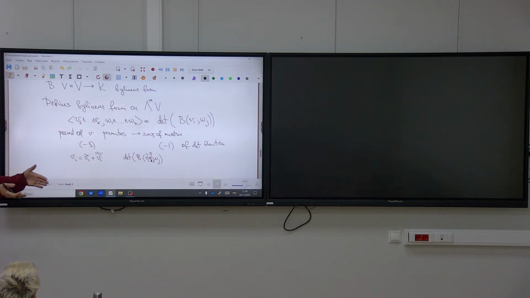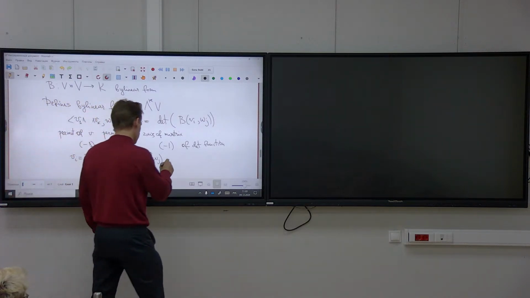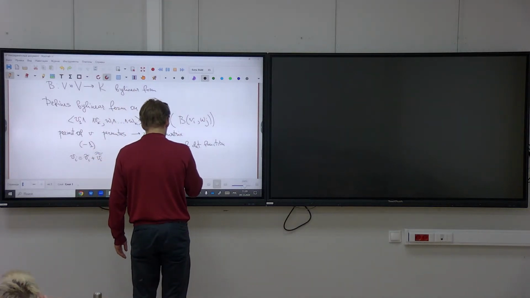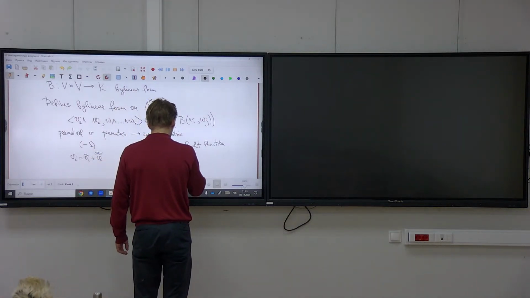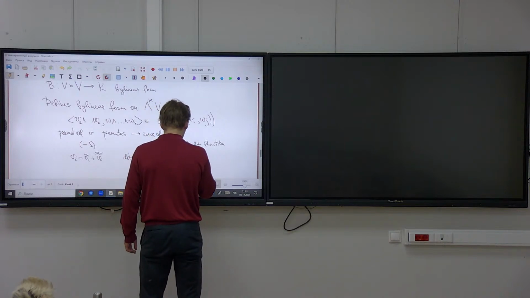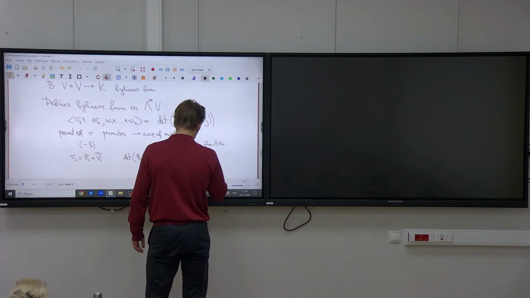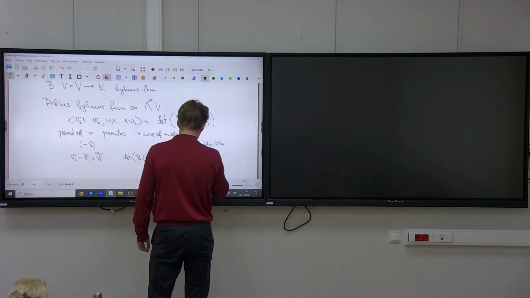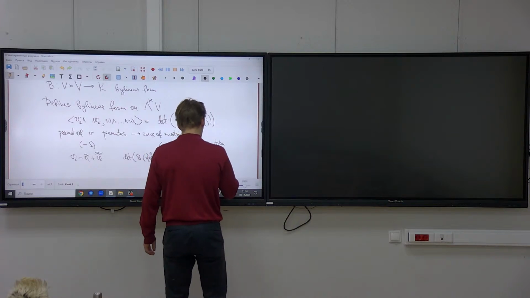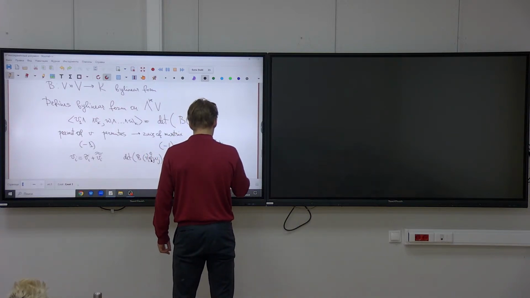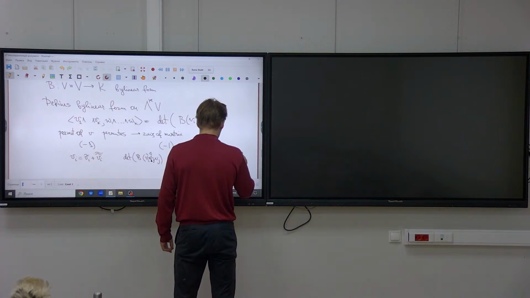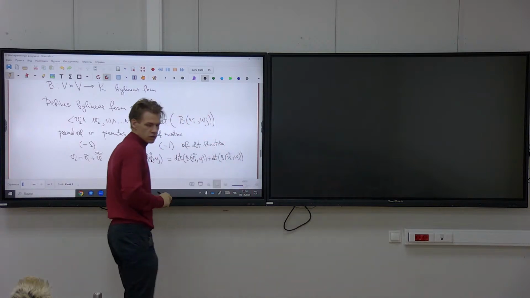If you sum up the row, the determinant is a linear function with respect to the row. So this is the determinant of B(vi tilde, wj) plus the determinant of B(vi double tilde, wj). So this is a well-defined notion.